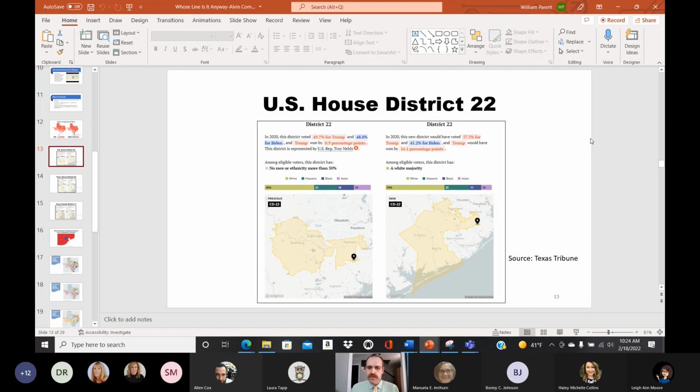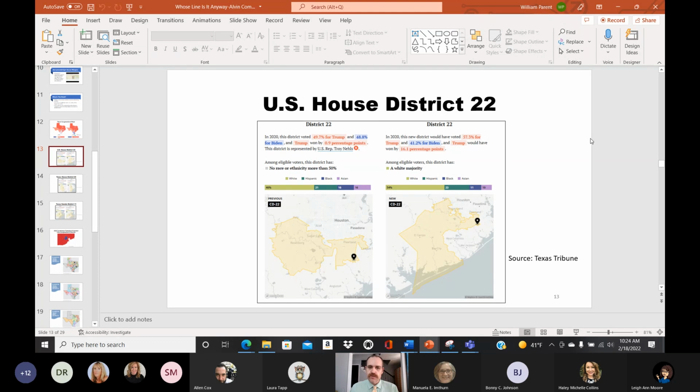In 2020, this new district would have voted 57.3% for Trump and 41.2% for Biden, and Trump would have won by 16.1 percentage points. So it gives you some indication of how, at the national level, it doesn't always correspond to the results at the local level.